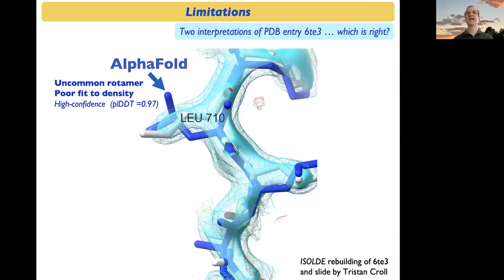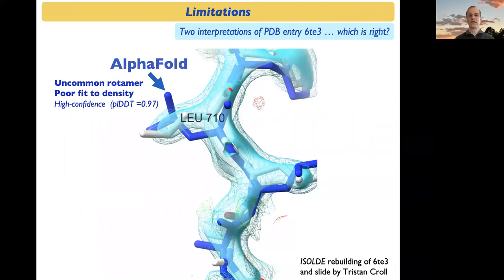This is a high confidence AlphaFold prediction. I didn't give you the scale, but here the scale is 0 to 1 or 0 to 100. And when you get close to 1 or 100, depending on your scale, that means pretty much all the C alpha atoms are in pretty much the right place, very close, within half an angstrom or so. And indeed, they're in that kind of ballpark here. But still, the side chains are not all right.